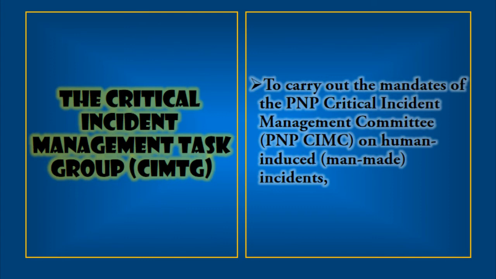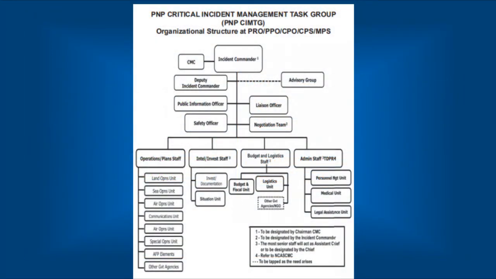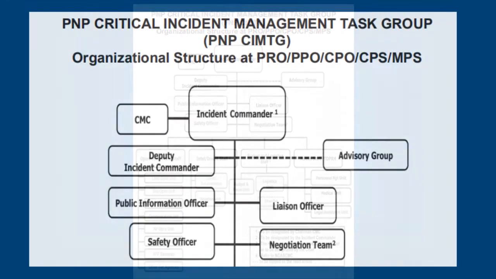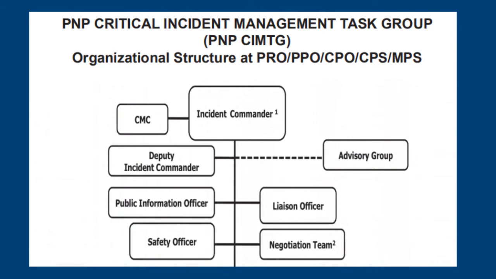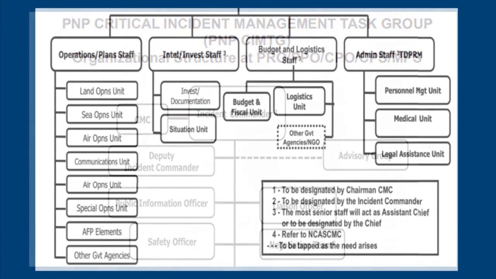And then for the organizational structure of the CIMTG, as you can see here in our picture, it shall be headed by an incident commander. And he should coordinate directly with the CMC, the Crisis Management Committee. That is why you notice the arrow at its side. The incident commander of the PNP CIMTG shall be designated by the chairman of the Crisis Management Committee.